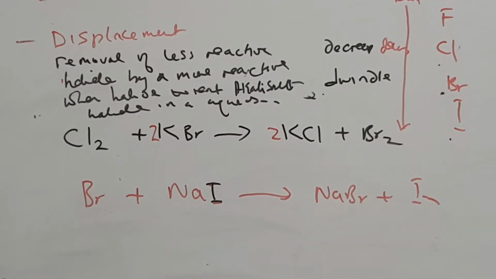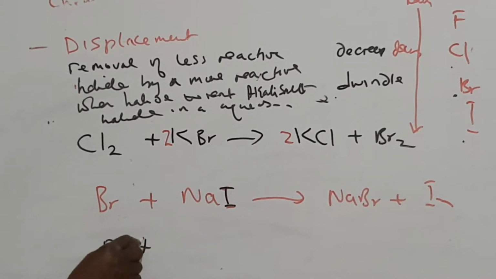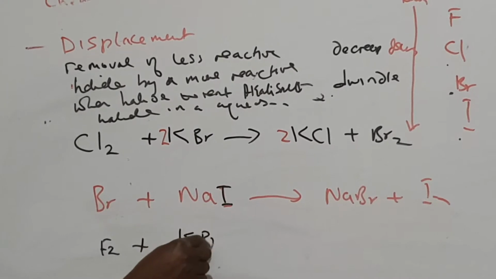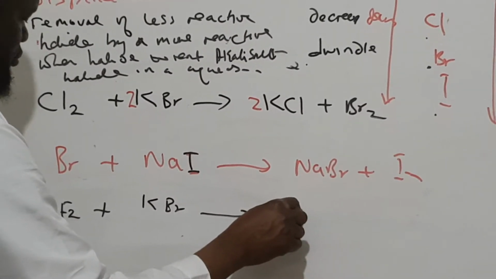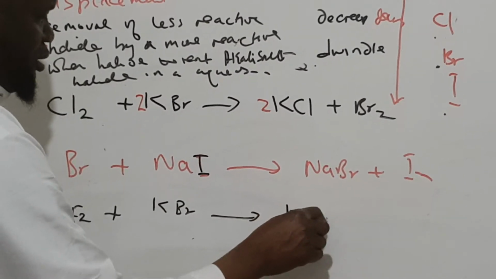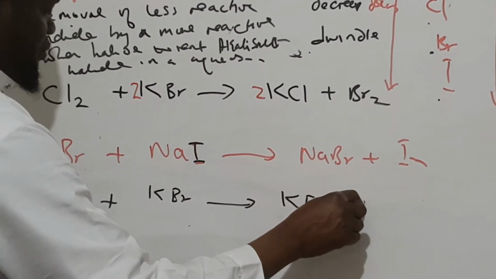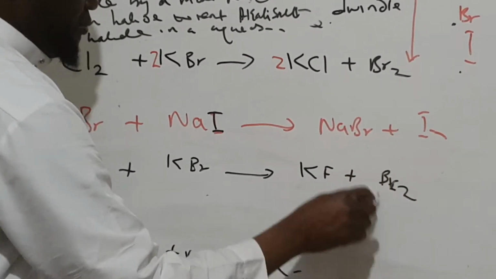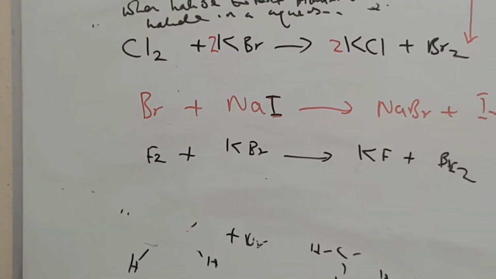In the same vein, if you have fluorine plus potassium bromide, you will get potassium fluoride plus bromine. Bromine is Br2. Sorry, I was writing it as Br. Yes, Br2. This is called displacement.